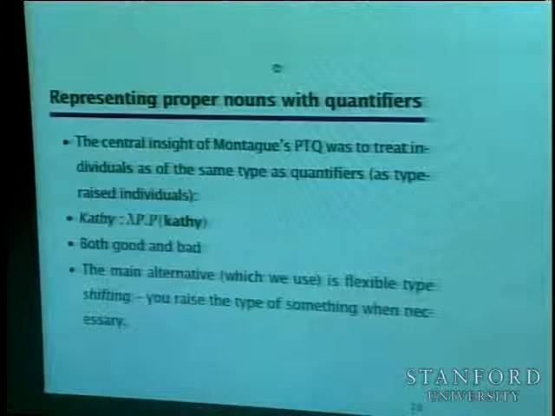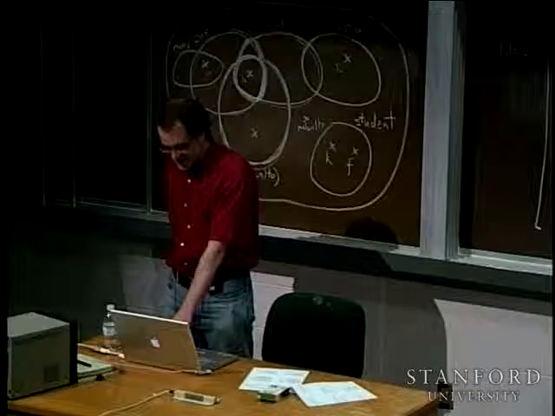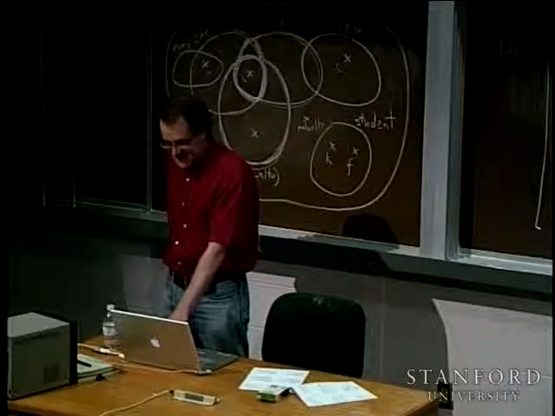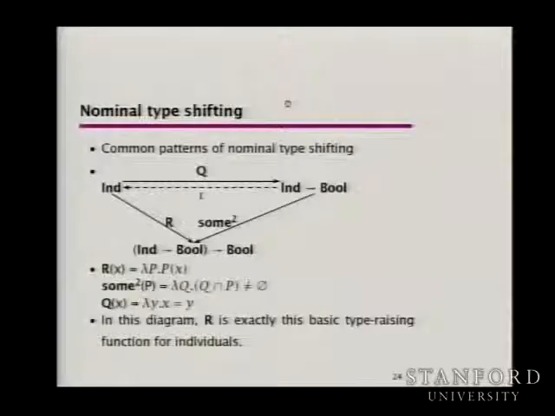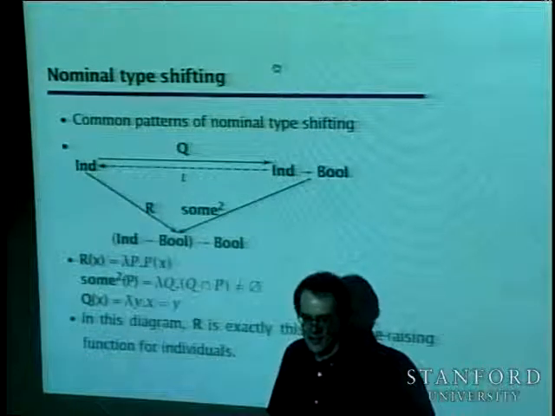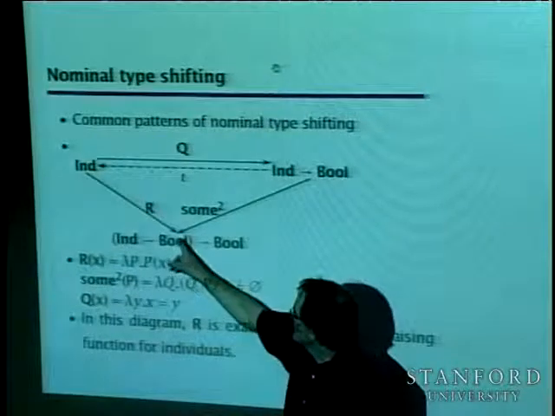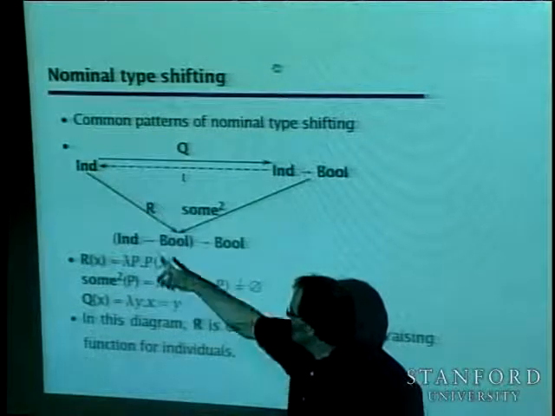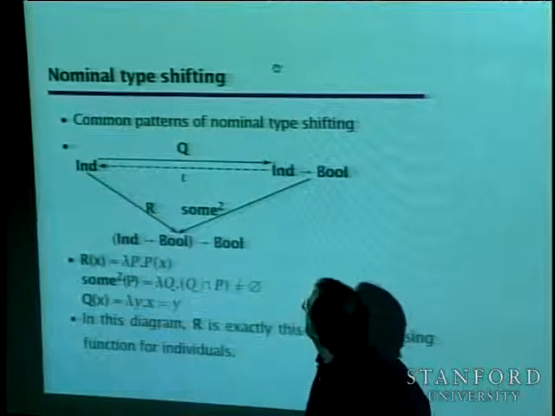A lot of modern work has sort of seen that as kind of rather ugly and unnecessary, and so it's instead gone in this direction that essentially follows Montague, but essentially says you want to allow flexible shifting between types. So Kathy is just an individual, but if you want to, for semantic combination, you can certainly turn it into something that takes properties and evaluates whether it's true of that property.